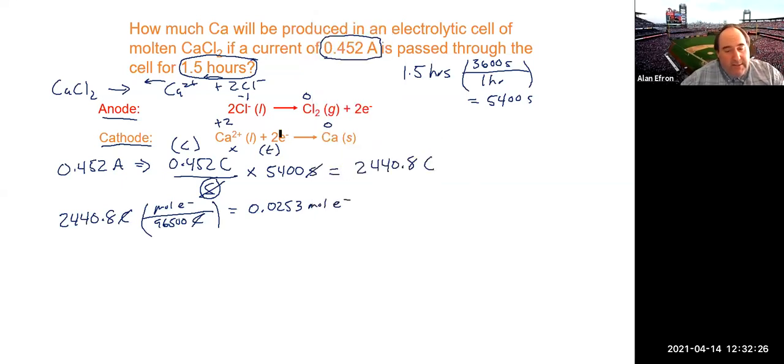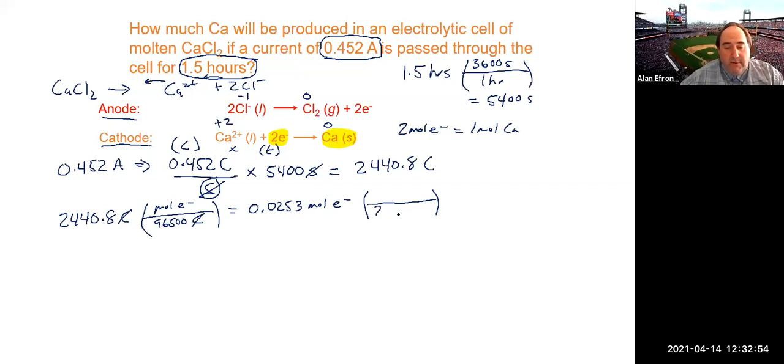So going to the half reaction that involves calcium metal and the electrons there, we see from the stoichiometry that for every 2 moles of electrons, we get 1 mole of calcium. That's what we're going to use to go from moles of electrons to moles of calcium.